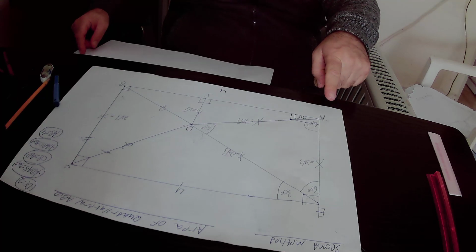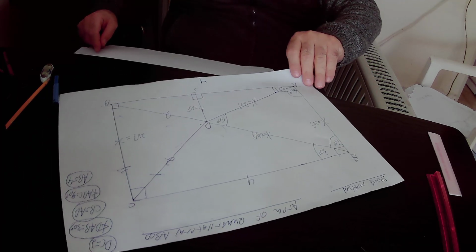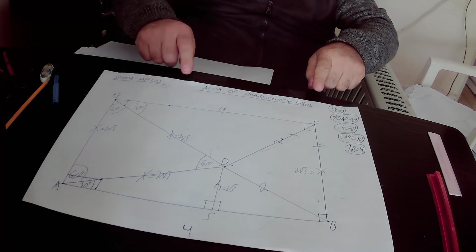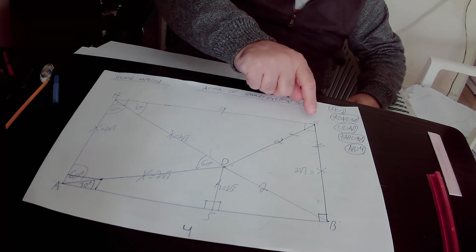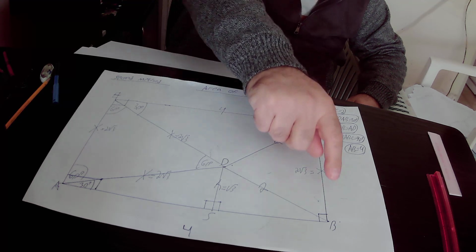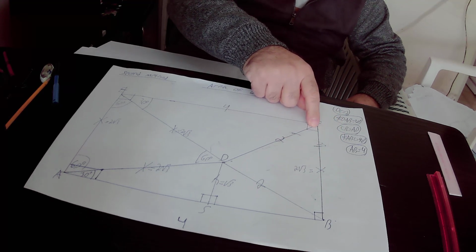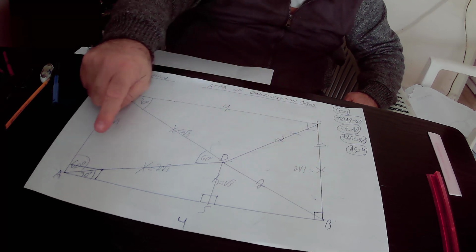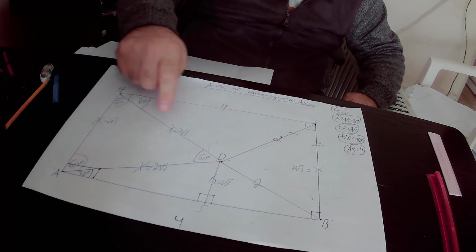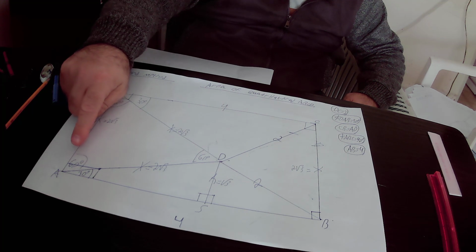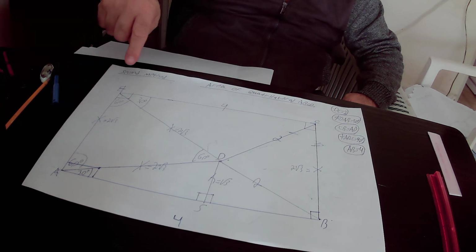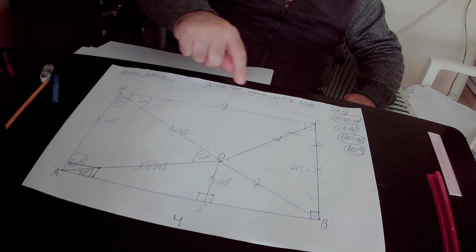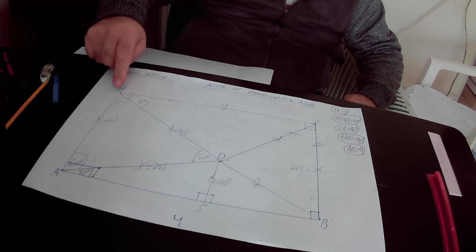From point C we drew a perpendicular to BC, so this angle is 90 degrees. And from point A we drew a perpendicular to AB, so this angle will also be equal to 90 degrees, and we define the touching point between the perpendicular from point A and the perpendicular from point C as point E.